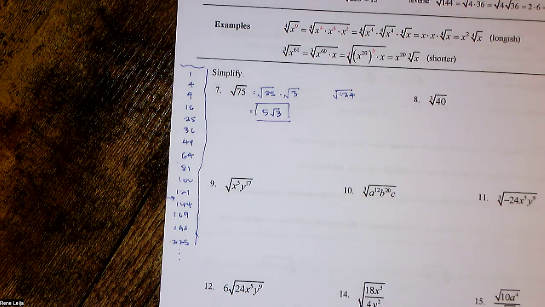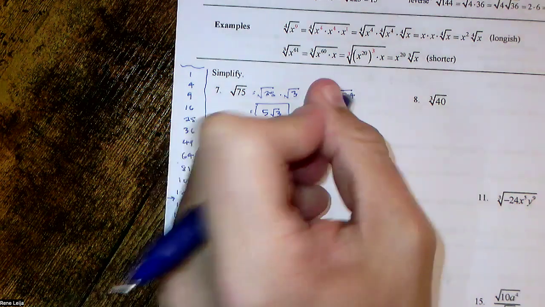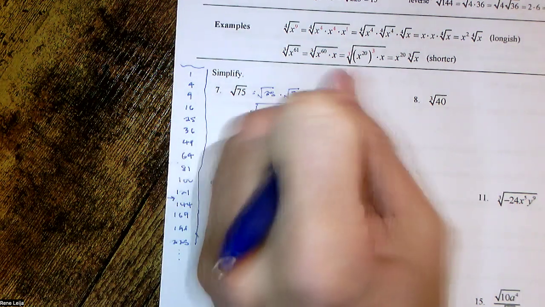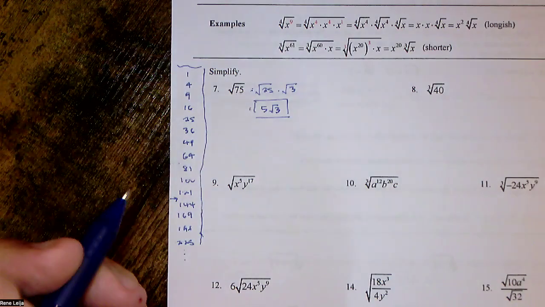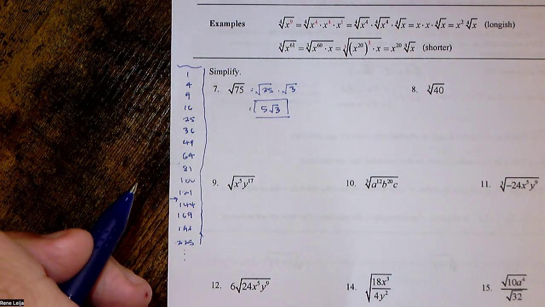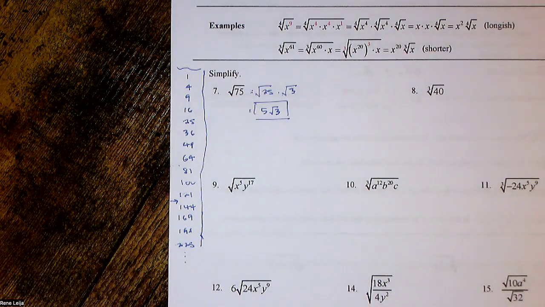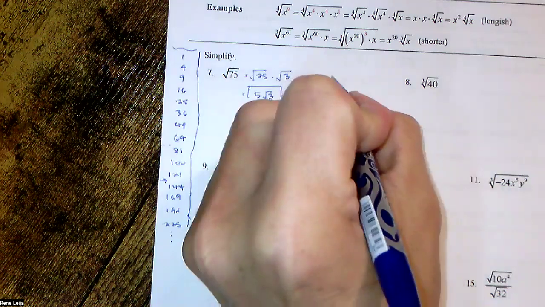Oh, wait, you know what? This isn't going to be divisible. Sorry, my fault. Let's change this. Let's take the square root of 320.